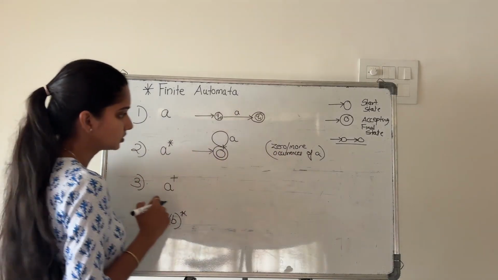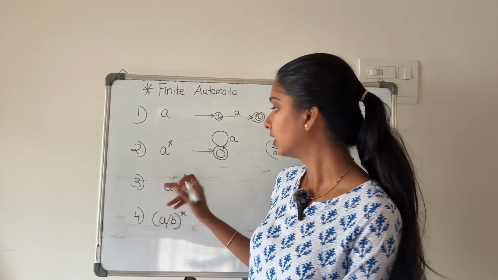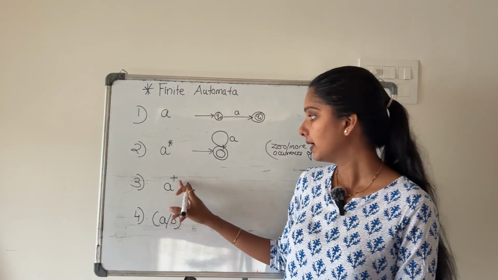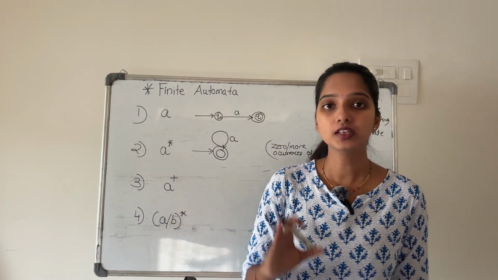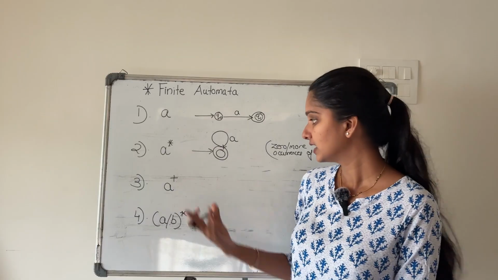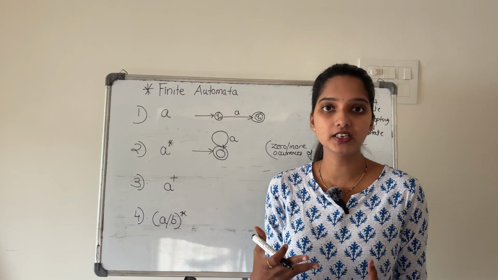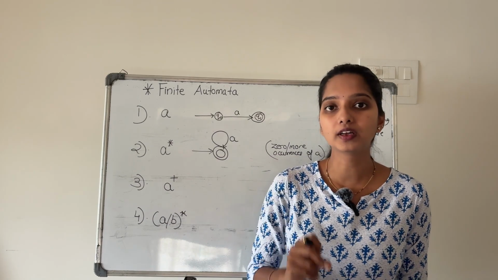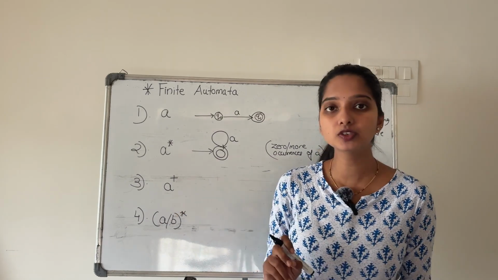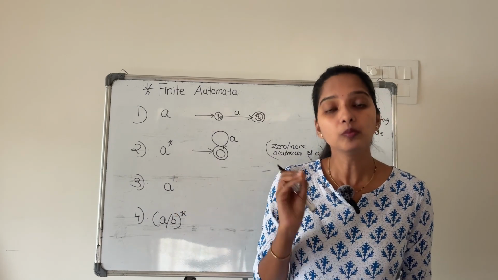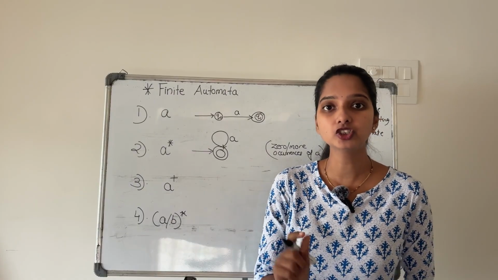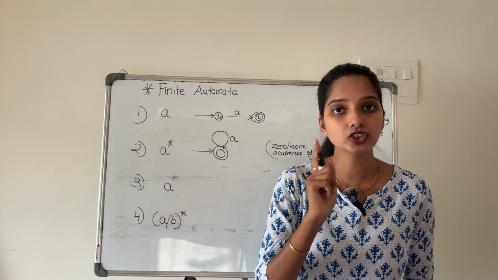Now coming to the third expression, which is A plus, A raised to plus. Just like A asterisk is 0 or more occurrences of A, A plus means 1 or more occurrences of A, which means at least one A should be there.